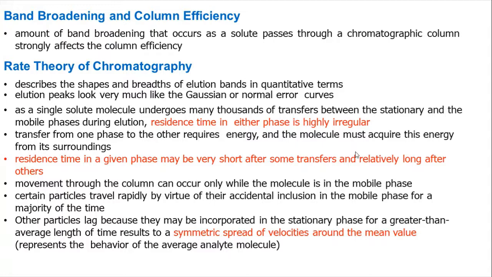Certain particles travel rapidly by virtue of their accidental inclusion in the mobile phase for a majority of the time, and other particles lag because they may be incorporated in the stationary phase for a greater than average length of time. This results in a symmetric spread of velocities around the mean value, which represents the behavior of the average analyte molecule.